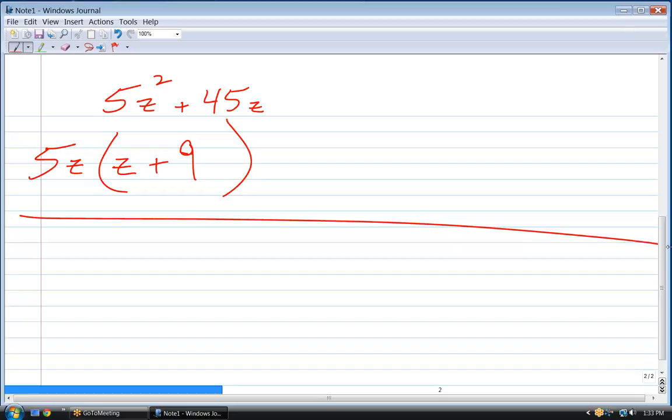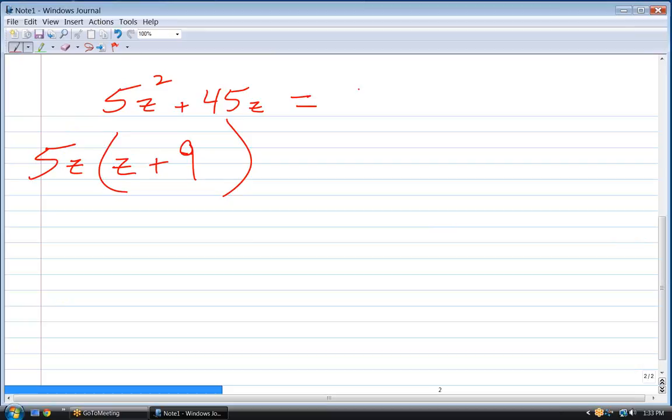What's the next one? Don't we have to solve for the factored form too? When it says solve for the factors, these are our two factors right here. If the original expression was actually an equation, then it means that 5z times z plus 9 is equal to 0.